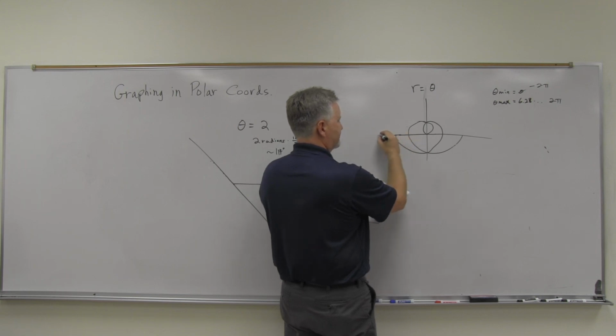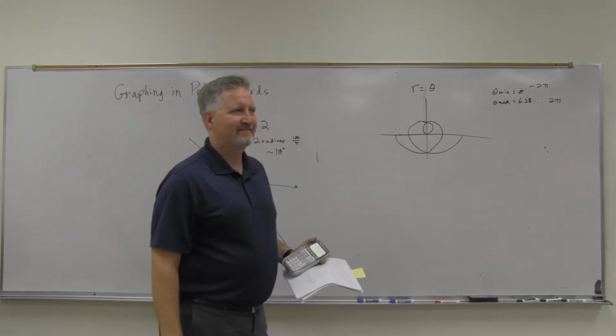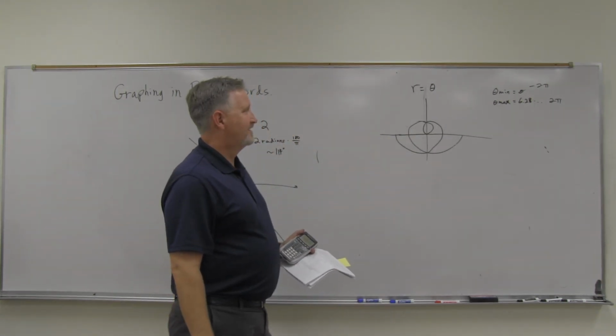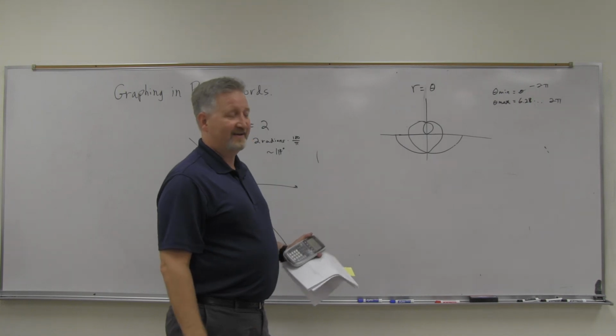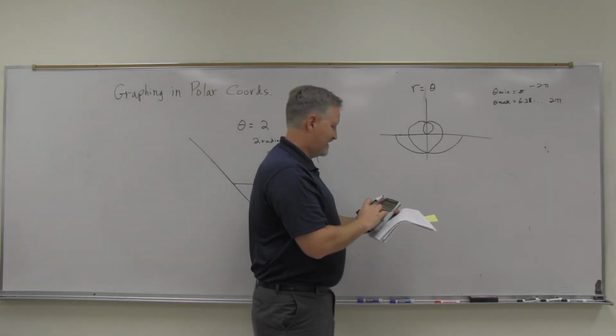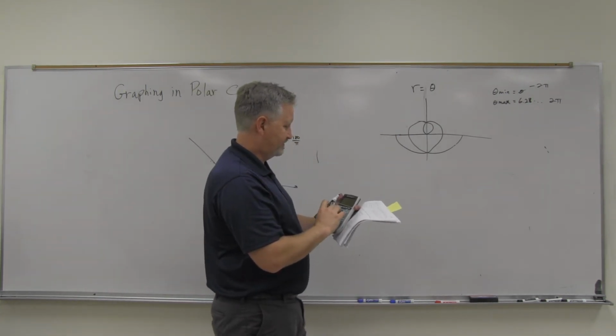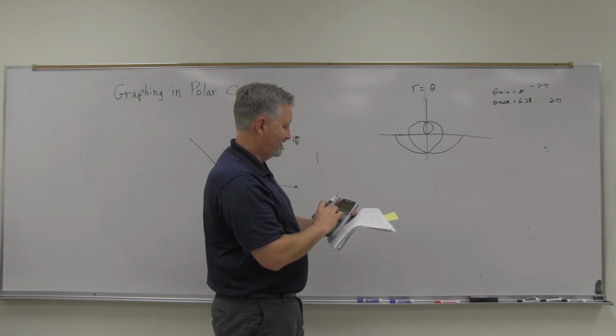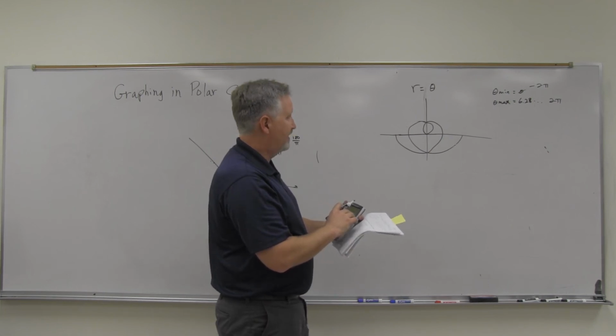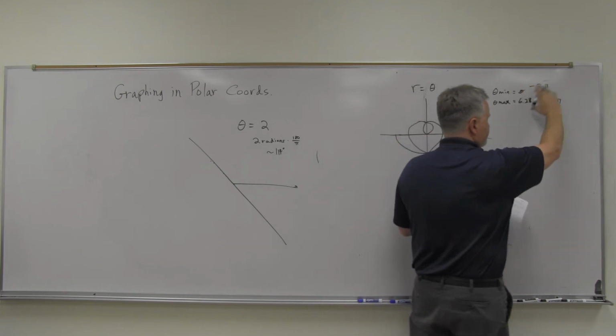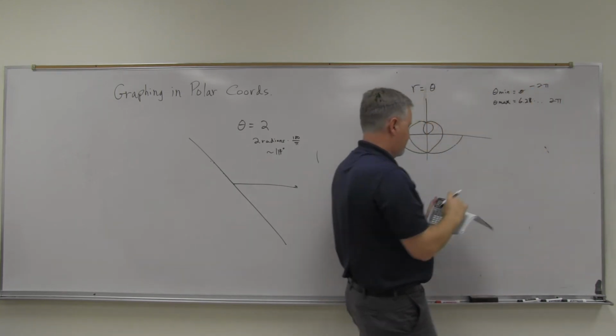Kind of mirrors what we had. But there's even more to that. If you change it to negative 4 pi, I don't even know if I can potentially draw it. So what I'm saying is there may be more to it than 0 to 2 pi.